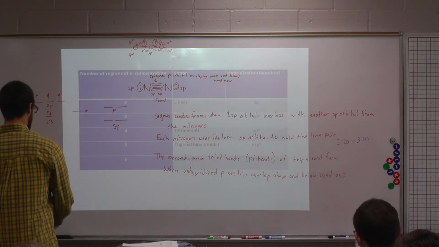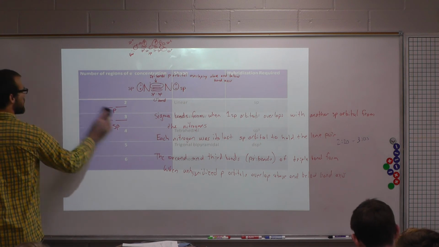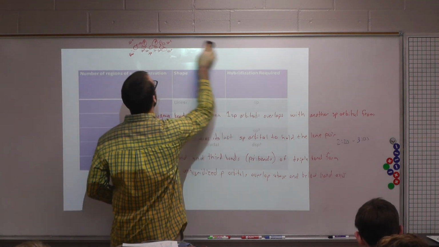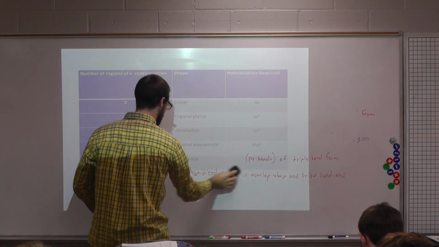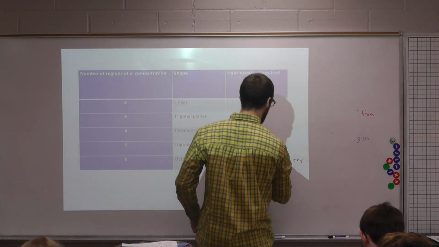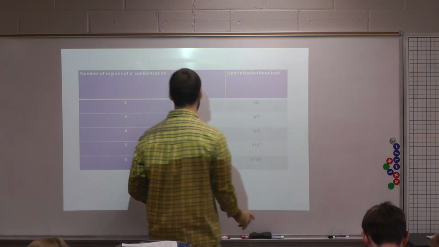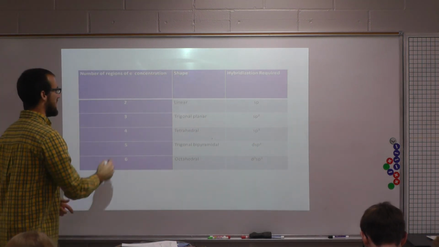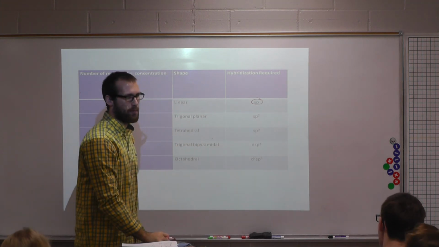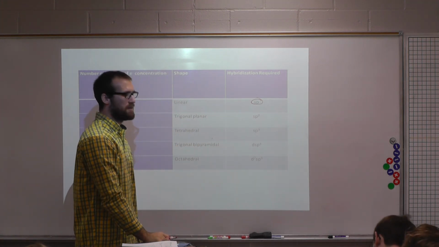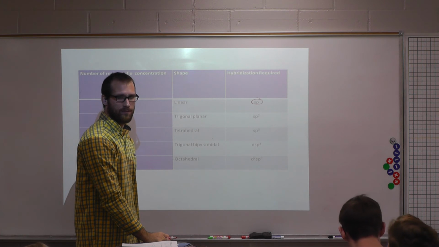you should see something like this, correct? You're going to have to get familiar with this. We've talked about most of these. We talked about 2 regions being sp hybridized. What's going to be left unhybridized?